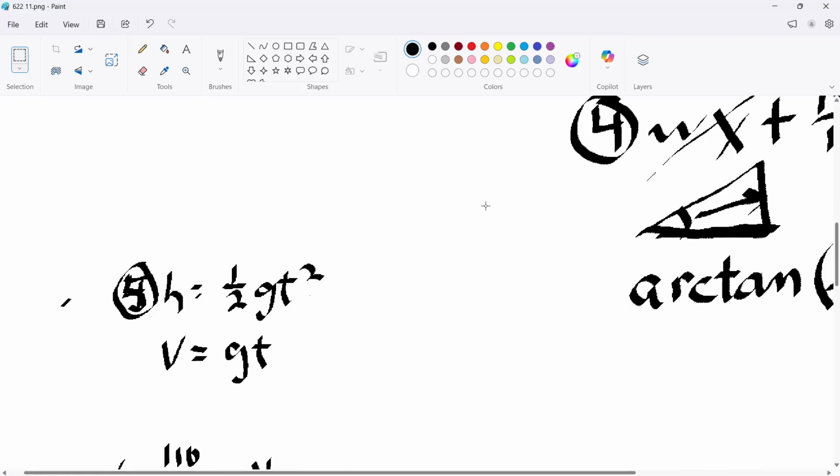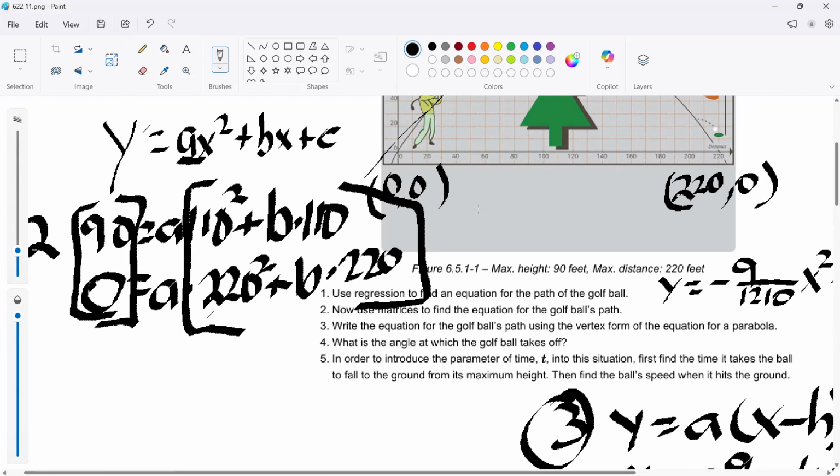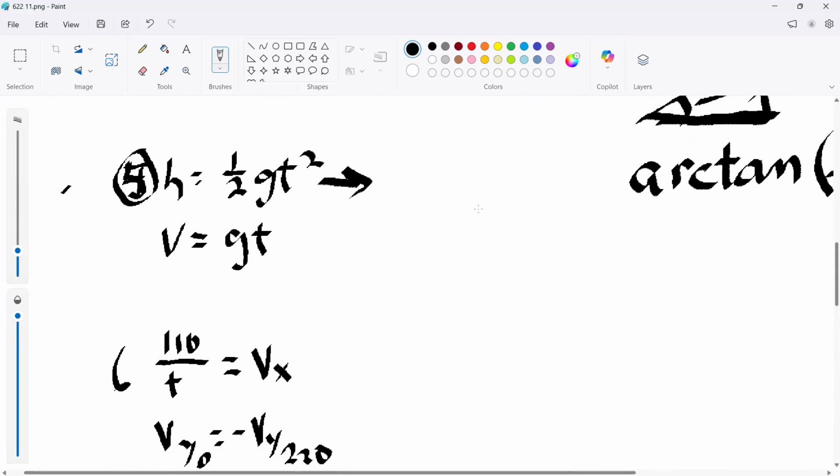Well, the formula to use there is height equals 1/2 times the force due to gravity times t squared. And the force due to gravity in feet is 32 feet per second squared. So 1/2 of 32 is 16. So height is 16 times t squared. The maximum height is 90, so 90 equals 16 t squared.